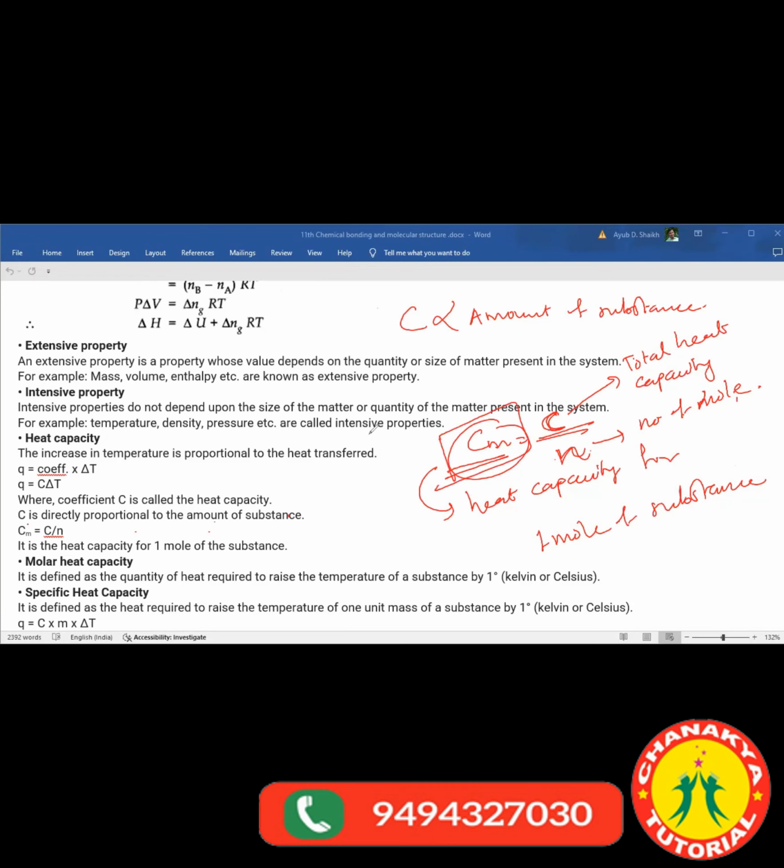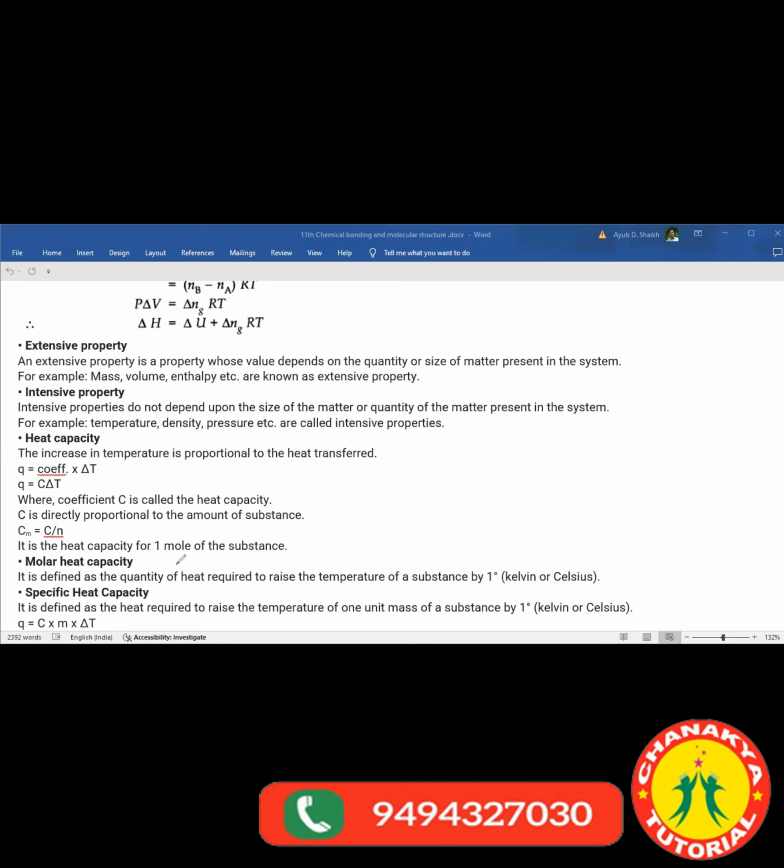Now the next is molar heat capacity. What is that? The molar heat capacity is defined as the quantity of heat required to raise the temperature of the substance by 1 degree.